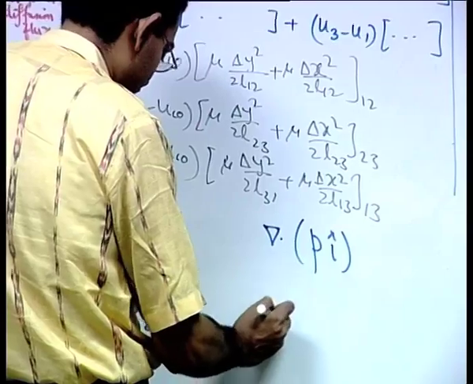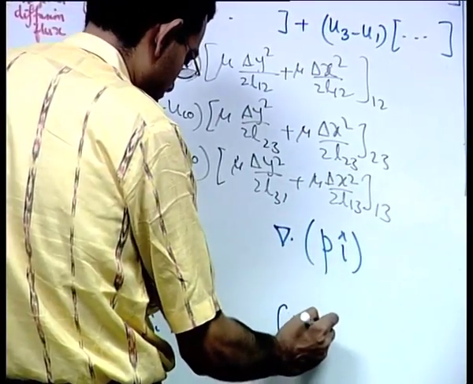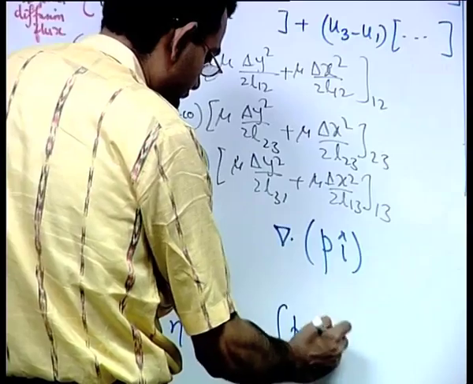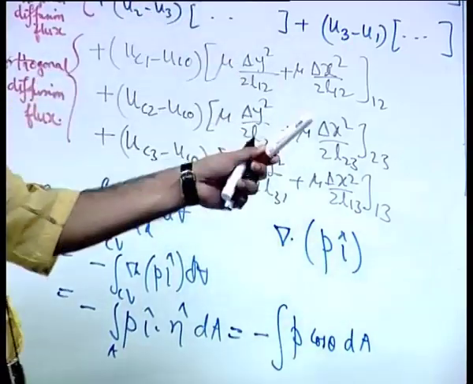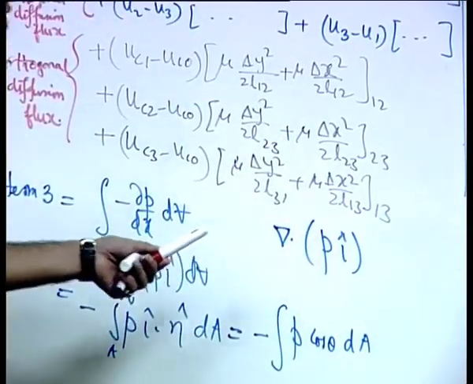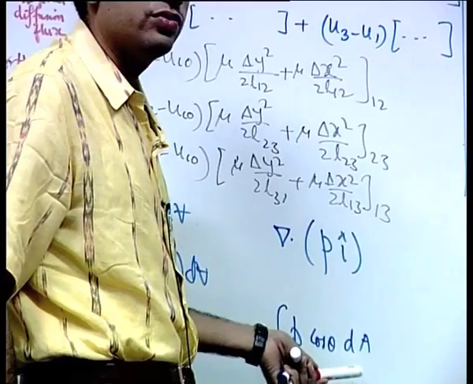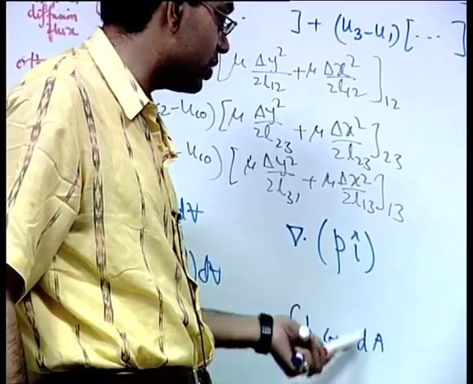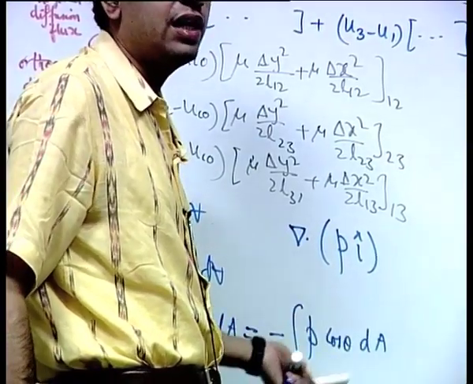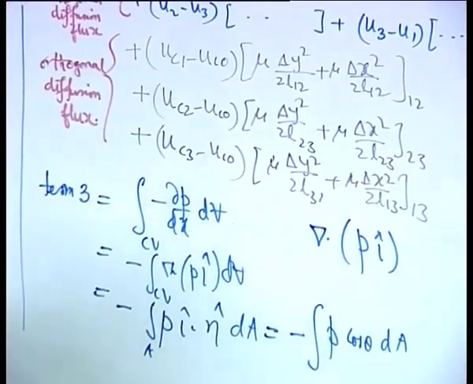So minus integral of P cos theta dA. Each edge has a constant length, cos theta is delta y by L12 for edge 1 2, and sum of the total dA is L12. So that L12 gets cancelled from numerator and denominator.